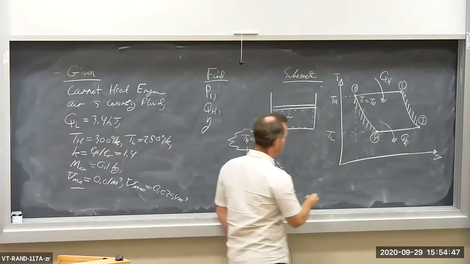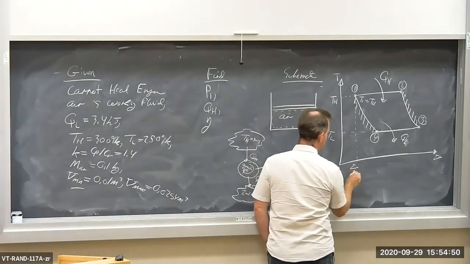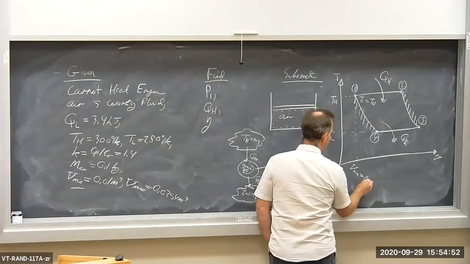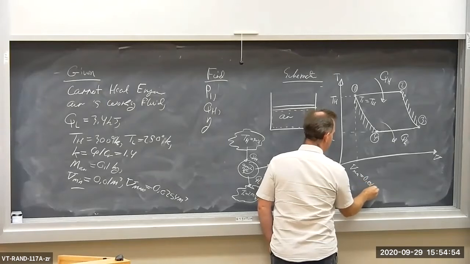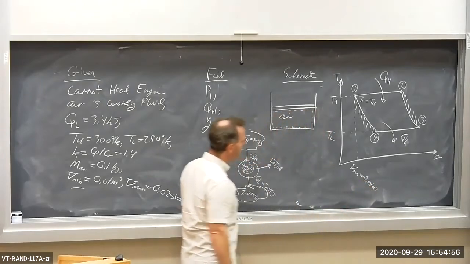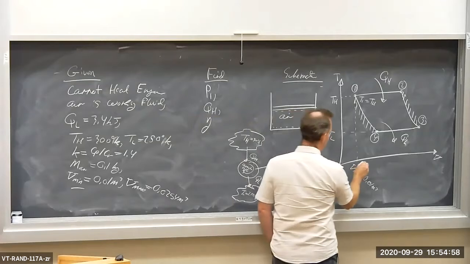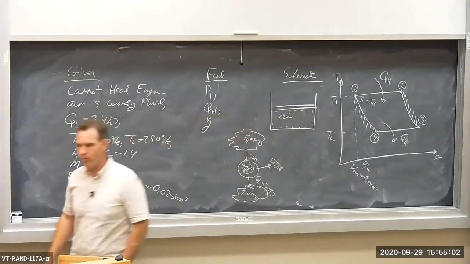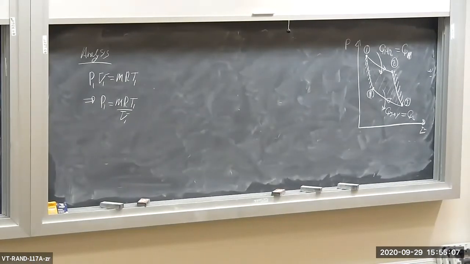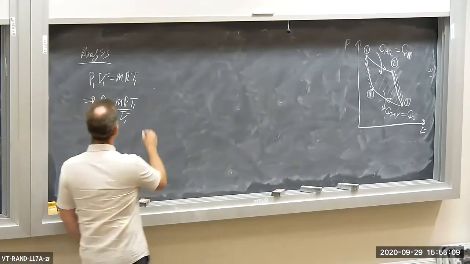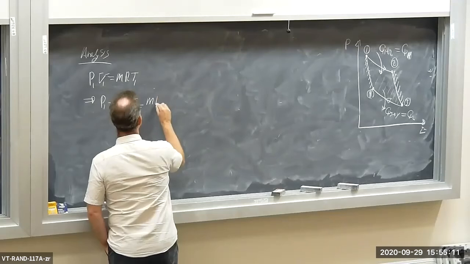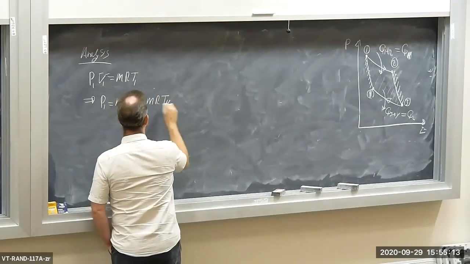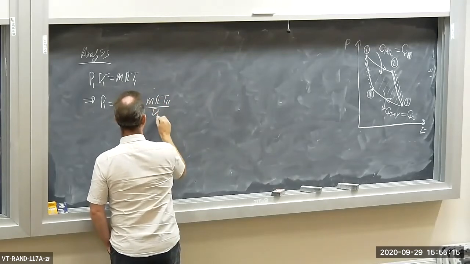So this guy here is Vmin. By the way, that's 0.01 meters cubed. So V1 equals Vmin. I know this volume, V1, and I know the temperature, T1. It's T high. So this is m R T high over Vmin.